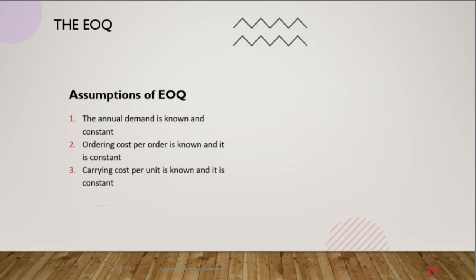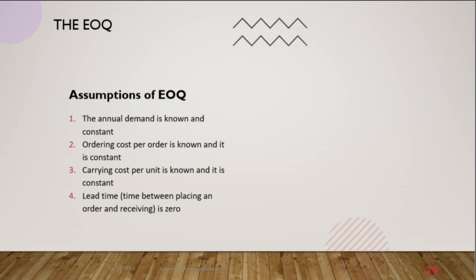Then the third condition is that carrying cost per unit is known and it is constant. Then the fourth condition is that lead time, which is the time between placing an order and when you receive the supply, is 0.